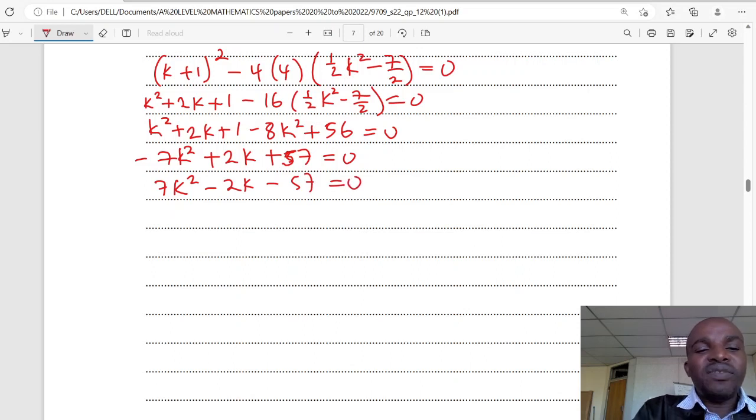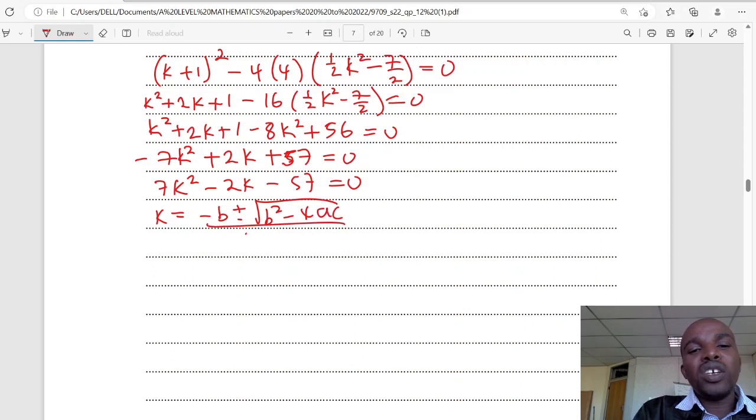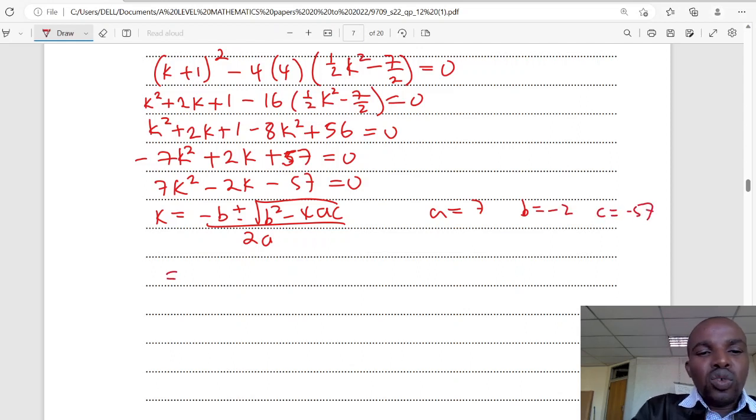Then you can use the quadratic formula. You can say k is equals to minus b plus or minus square root of b squared minus 4ac all over 2a, where your a is equal to 7, your b is negative 2, your c is negative 57. So it will be equals to minus, what is your b?